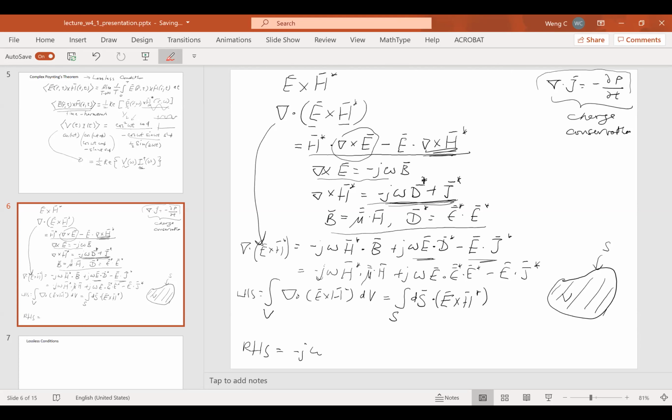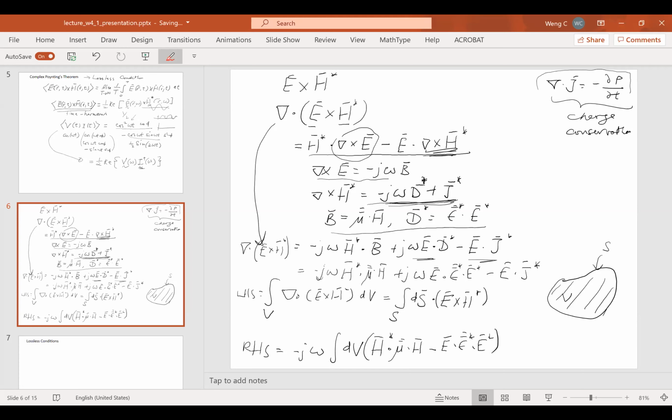Right-hand side will be j omega, then integration of the two terms that I have, which is dv H dot mu dot H, which comes from the first term, and then the second term, because I pull out a j minus omega outside, the second term just becomes E dot epsilon star dot E conjugate.